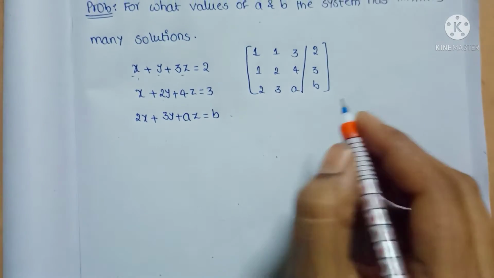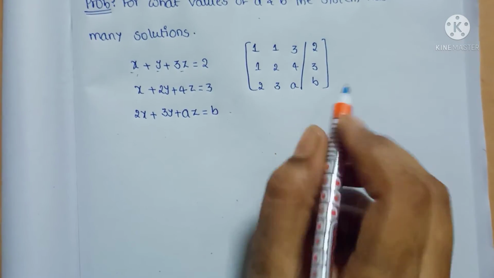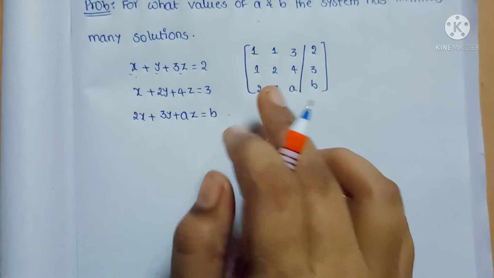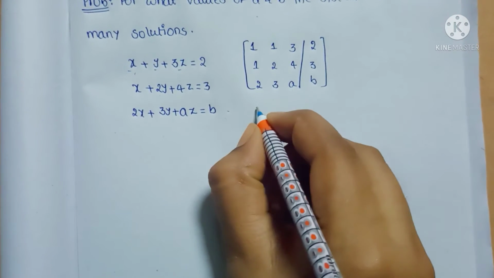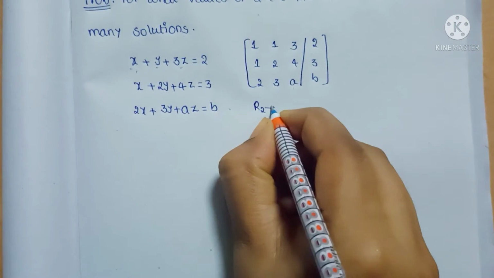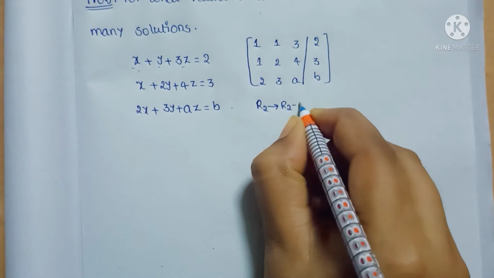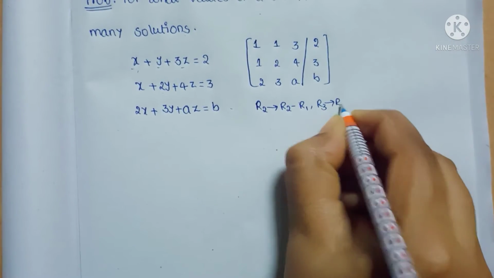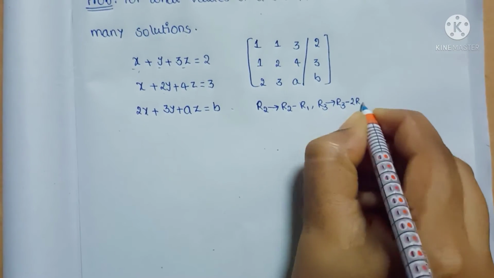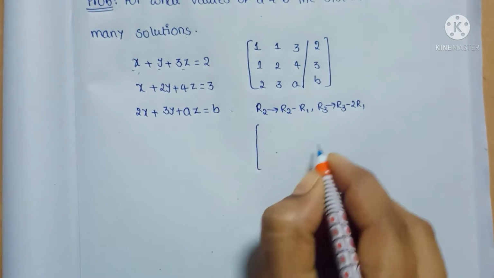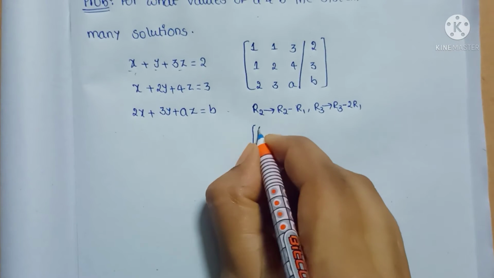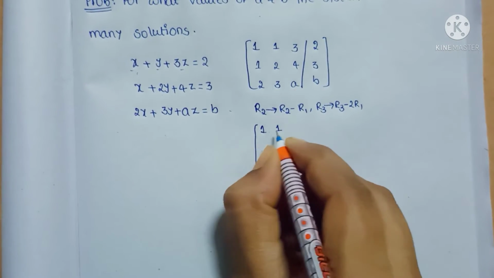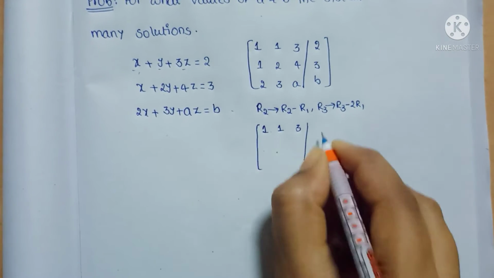Now by converting this matrix into echelon form, we can find the rank of this matrix. We apply R2 tends to R2 minus R1, and similarly R3 tends to R3 minus 2R1. Now I am writing directly. There is no change in the first row, so 1, 1, 3 and 2.